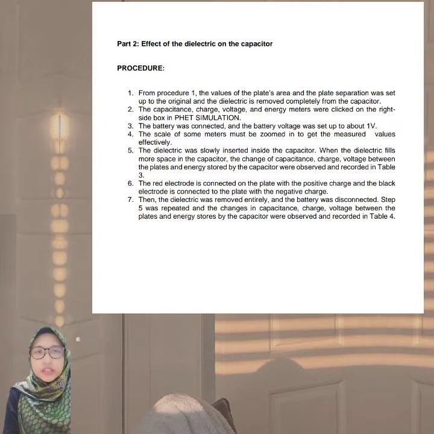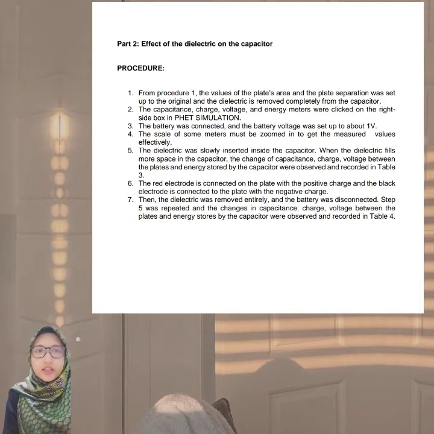5. The dielectric was slowly inserted inside the capacitor. When the dielectric fills more space in the capacitor, the changes of capacitance, charge, voltage between the plates, and energy stored by the capacitor were observed and recorded in table 3. 6.